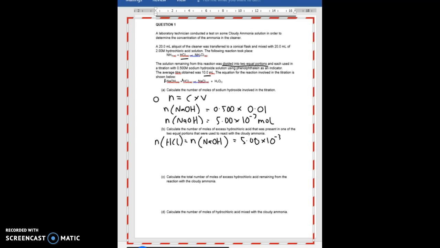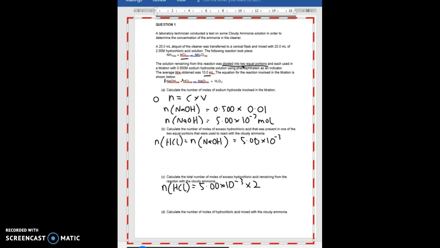So if you write this out, moles of HCl equals 5.00 times 10 to the minus 3 times 2, because we divided that into those two equal portions further up in the question.